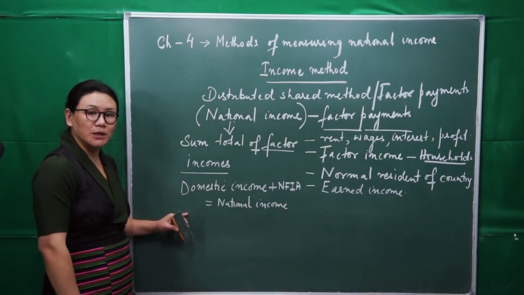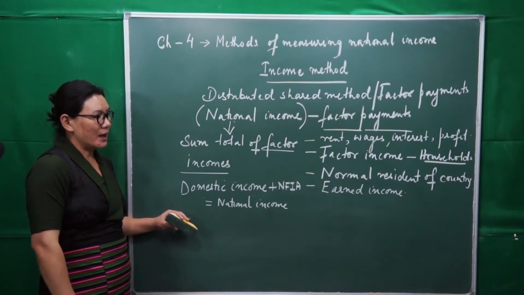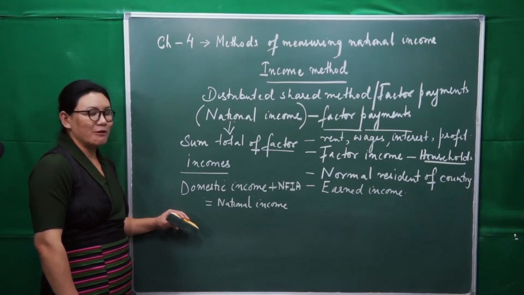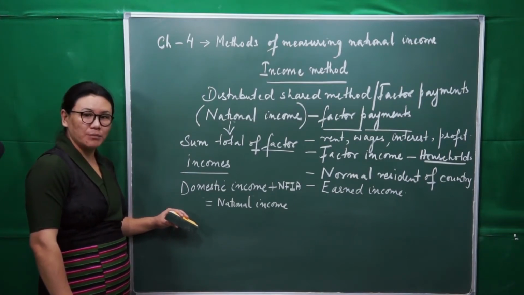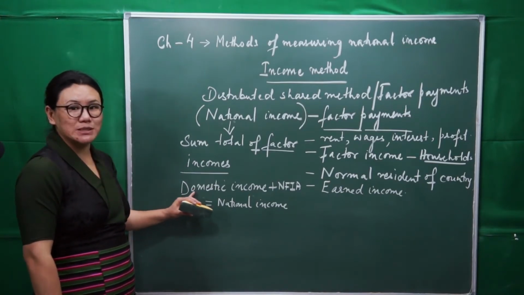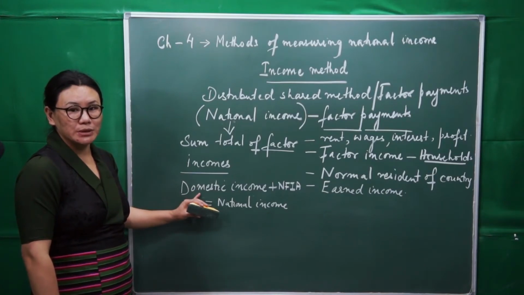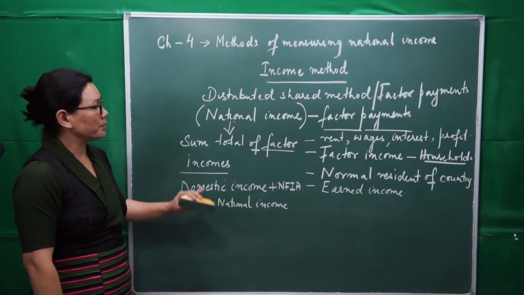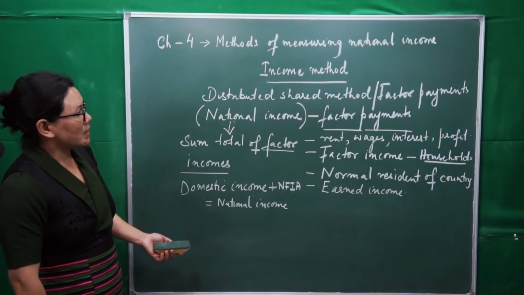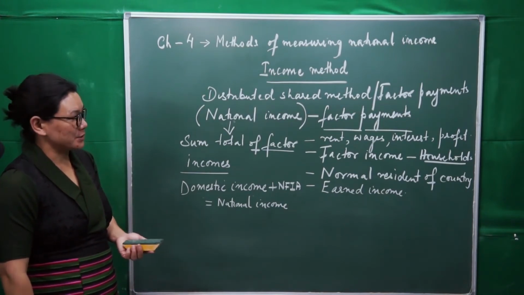Is that clear? Okay. So now what we have to see in this method is the total of factor incomes generated within the domestic territory of a country during 1 year. Okay. So this is a brief description of the income method.